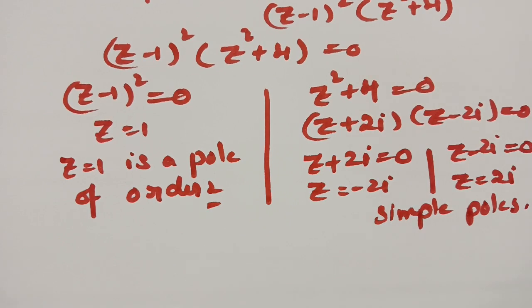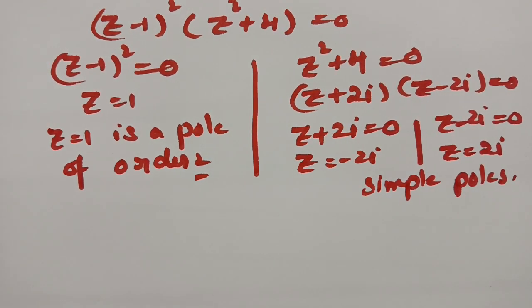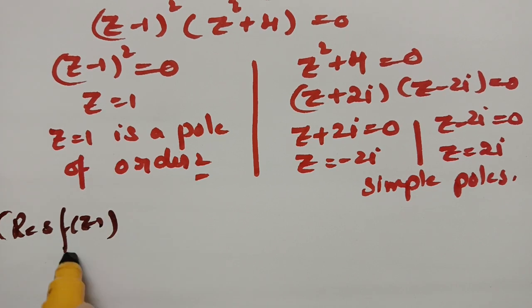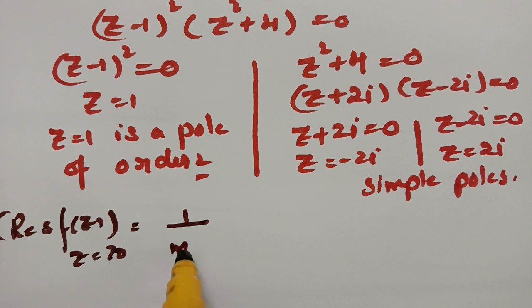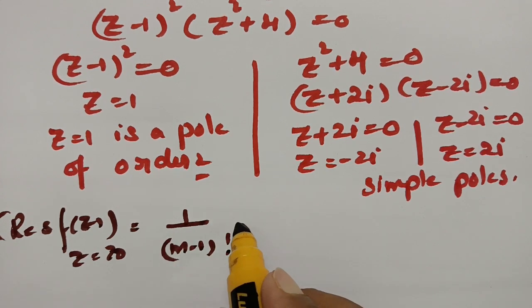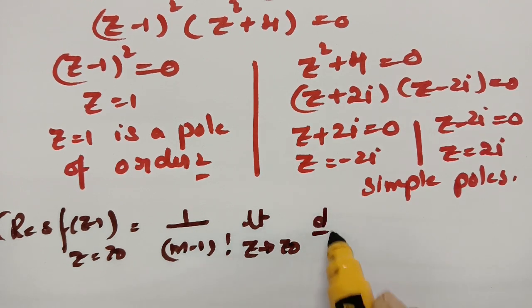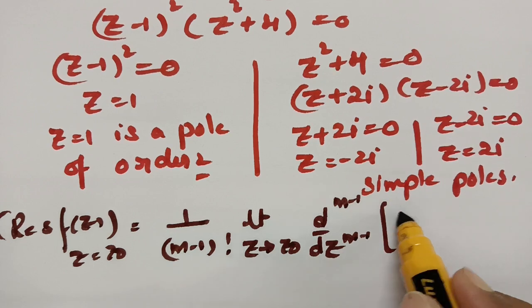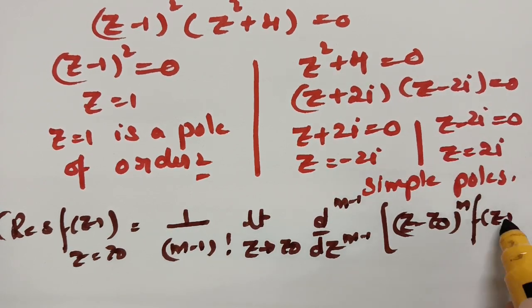So first, I'm going to find the residue for z equal to 1. The residue of f(z) at the point z equal to z naught is nothing but 1 by (m minus 1) factorial into limit z tends to z naught of d by dz power (m minus 1) of (z minus z naught) power m into f(z).